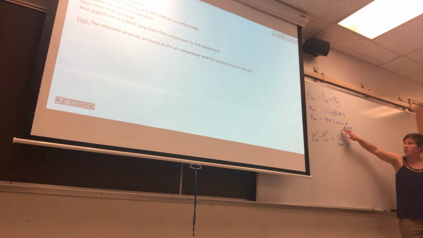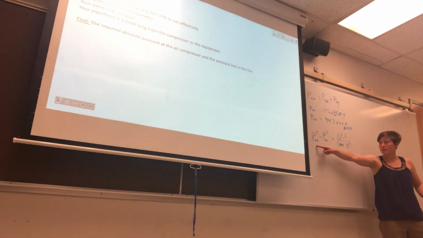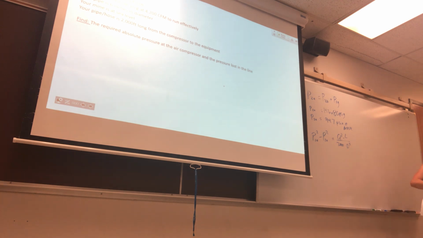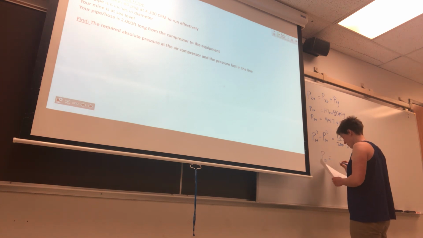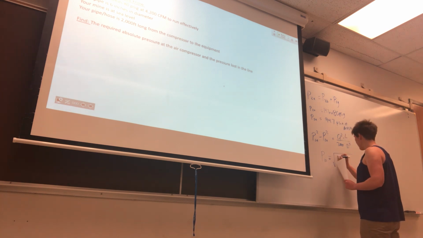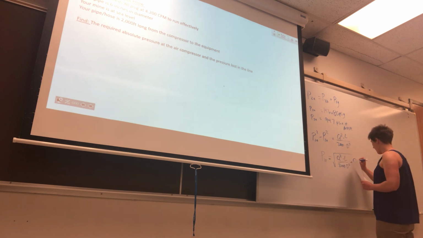And we now know what our P2A is, and we need to figure out what this first pressure is. Okay, so let's solve for that. So P1A will equal the square root of that Q squared times L over 2,000 times D to the 5th plus P2A squared.